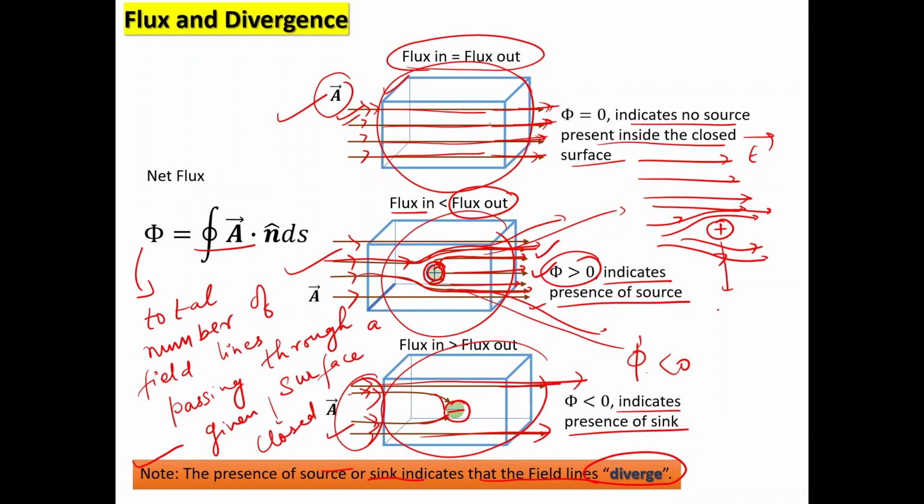Hence we can say this divergence is indicated by the presence of a source or sink.